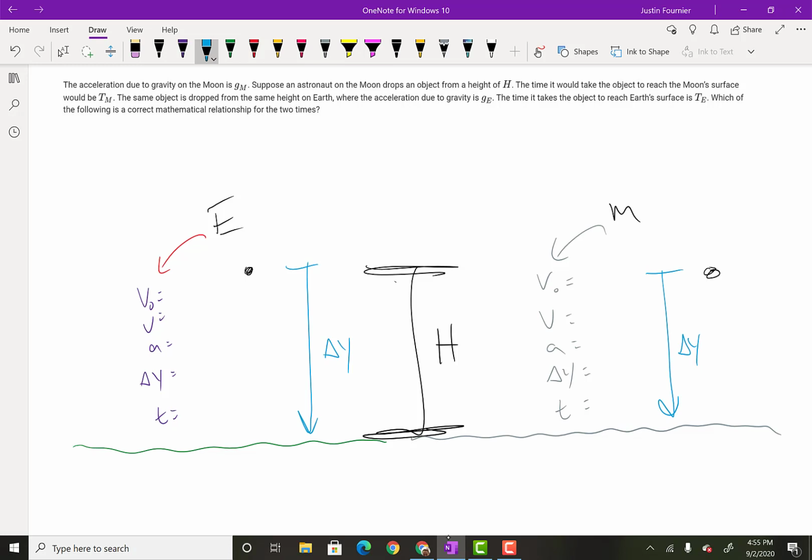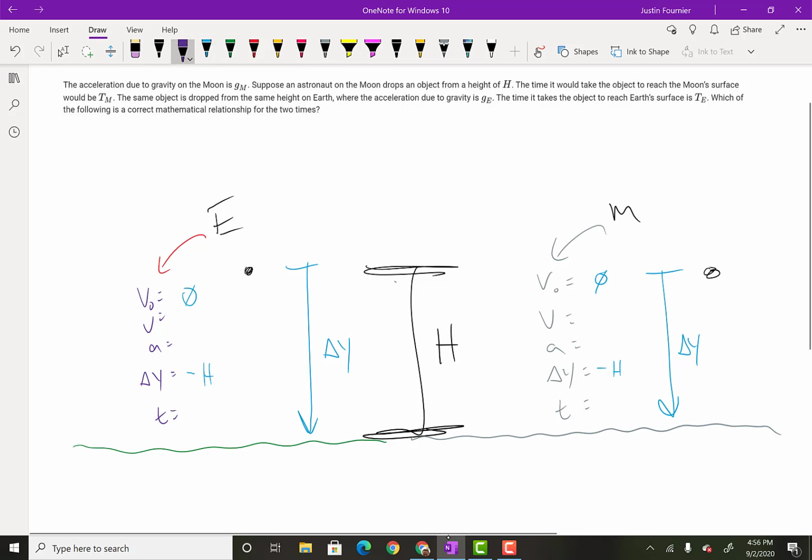They're being dropped from the same height, and they're being dropped down, so I'm going to say this is negative h, because h is the height at which they're both at. This is also going to be negative h here. They're also both dropped at rest, so this initial velocity is going to be 0, and this initial velocity is going to be 0.